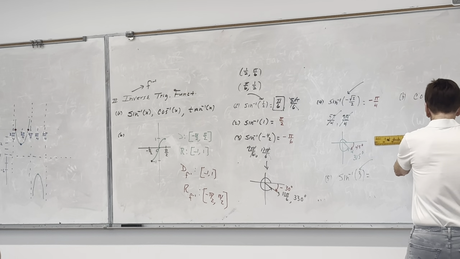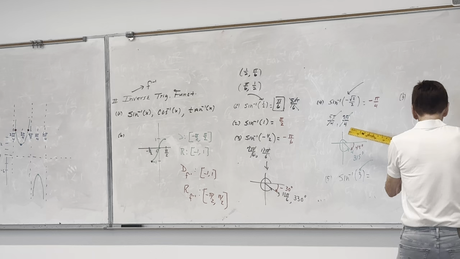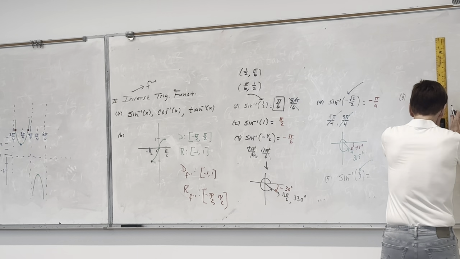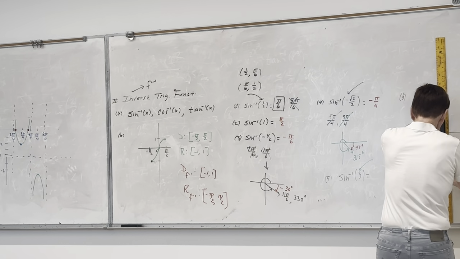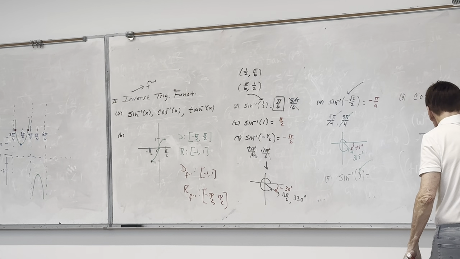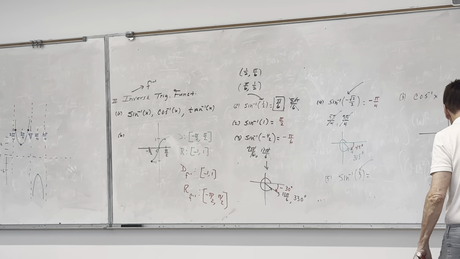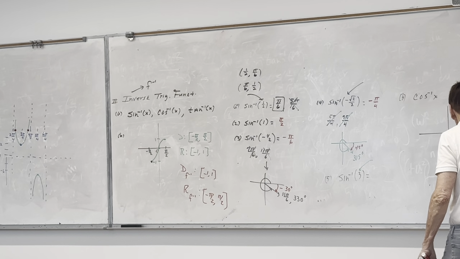I'll try to be as brief as I can on this one. The parent cosine graph looked like this. 0, pi over 2, pi, 3 pi over 2, 2 pi.